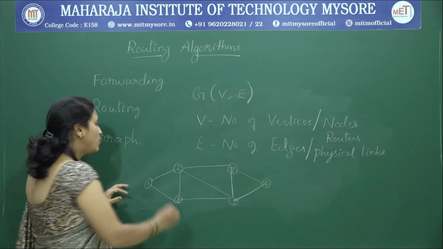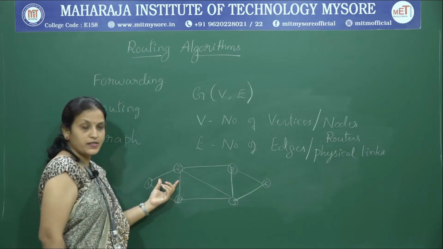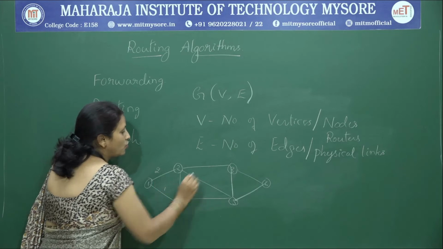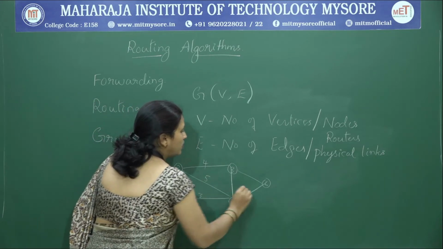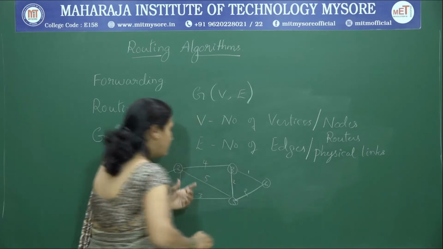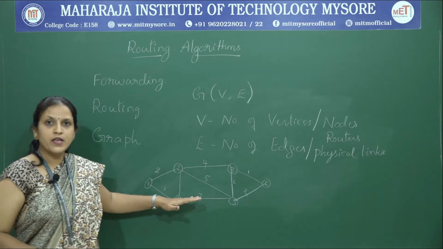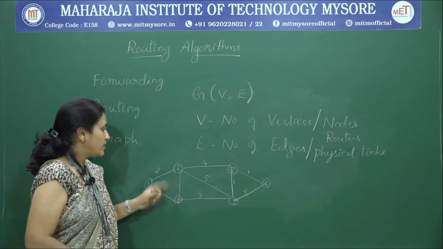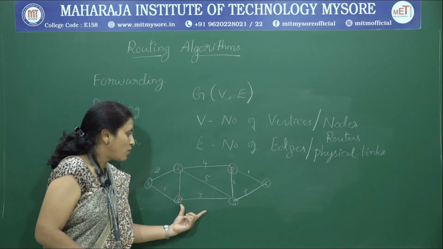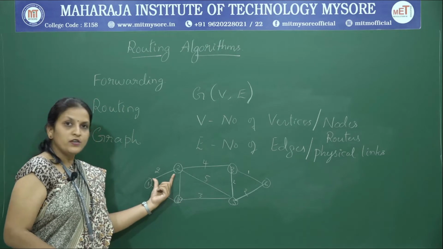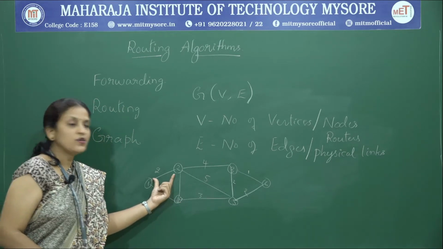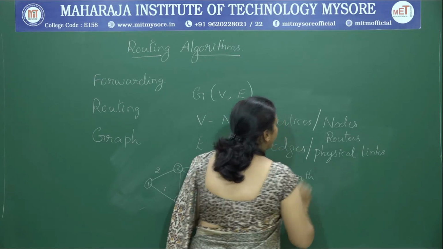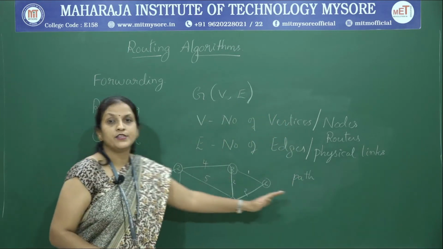Each of these edges here in this graph will have a weight, some 2, 1, 4, 5, 3, 2, some weight which is calculated based on some criteria. Okay, each of these edges or links between these routers will have a weight which is used in order to calculate the optimum path between source and destination.